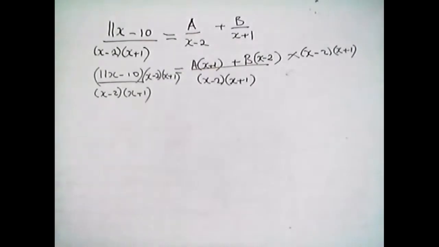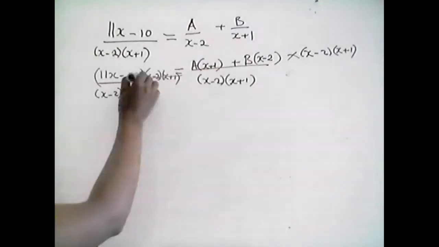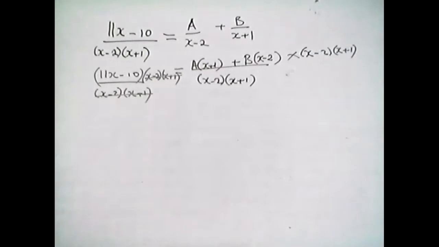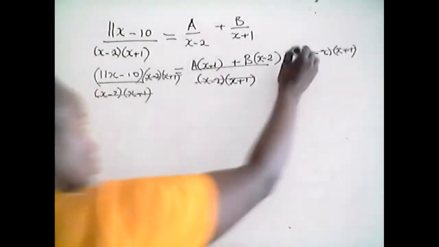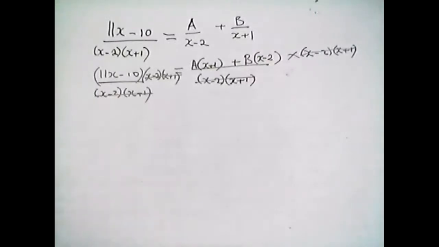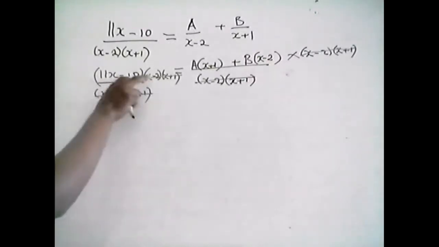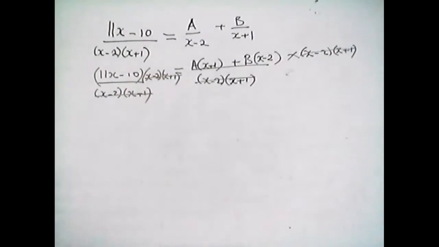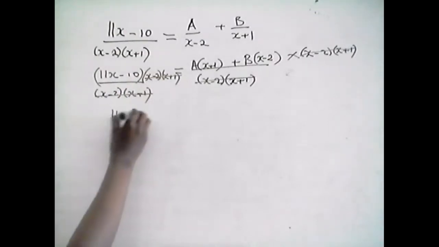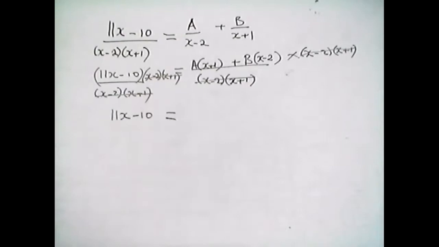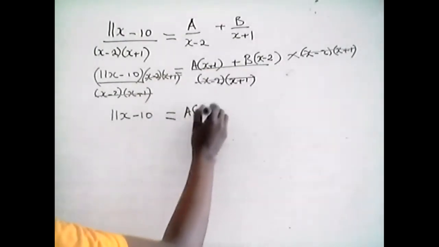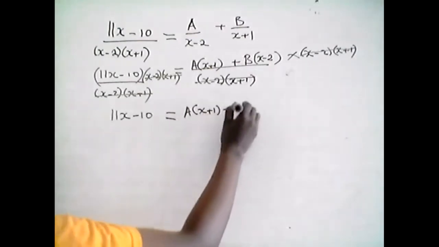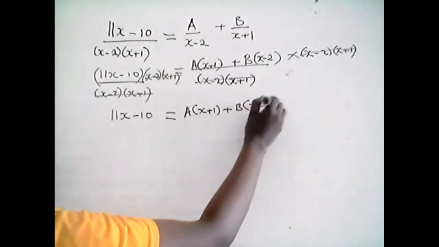So I'm pretty sure you're able to see that this part and that part cancels, and then this part and that part also cancels. So we have remained with 11x minus 10 on our left hand side, 11x minus 10 equals, and on our right hand side we remain with a bracket x plus 1 plus b bracket x minus 2.